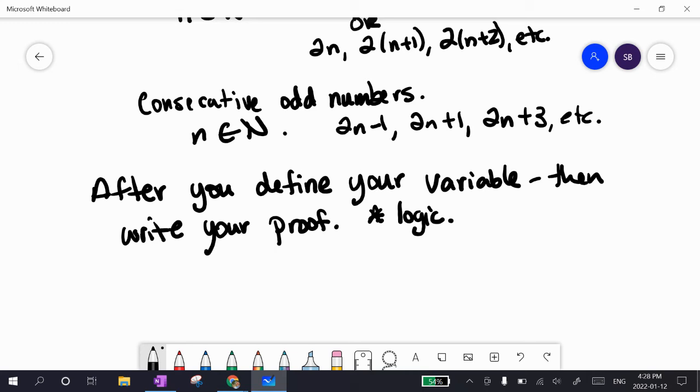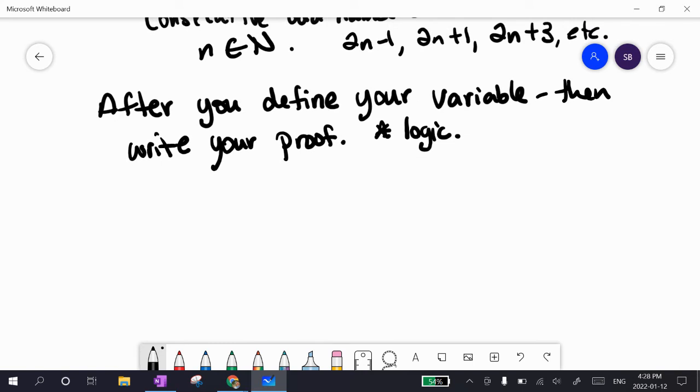Now, when you're asked to prove something, they might ask you that something is divisible by something or a multiple of something. Okay? If that's the truth, then every term on a side is divisible or a multiple of that number. And I'll show you what I mean by that.